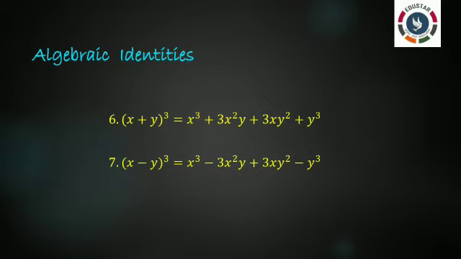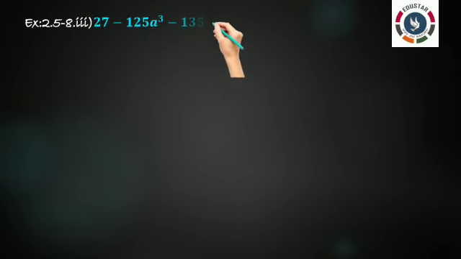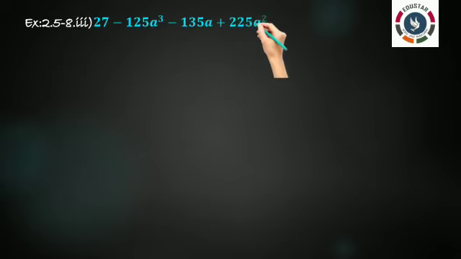Now let's see how to factorize using these two identities. Exercise 2.5, 8th sum. Factorize each of the following, in the third subdivision: 27 minus 125a cube minus 135a plus 225a square.